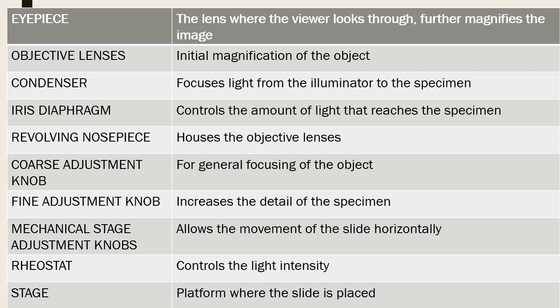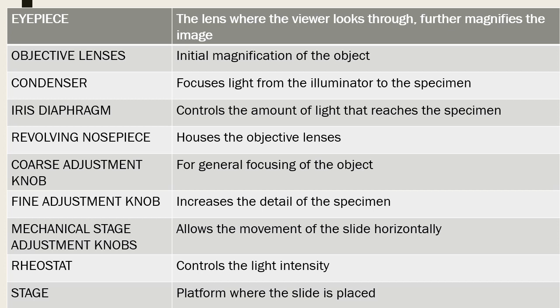Let's say you are using the low power objective. The magnification of your low power objective is 10, and you multiply that by your eyepiece, which is 10. So 10 times 10 will give you 100 times. And so that is the total magnification.